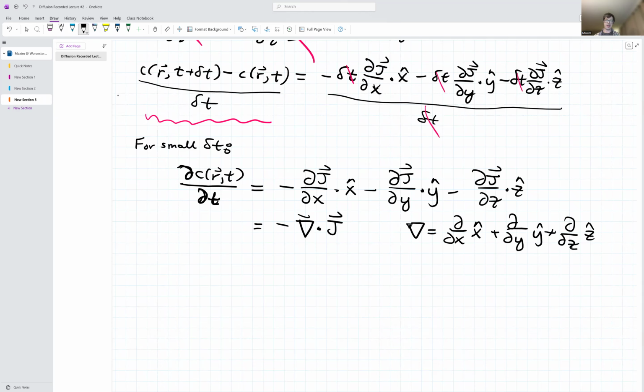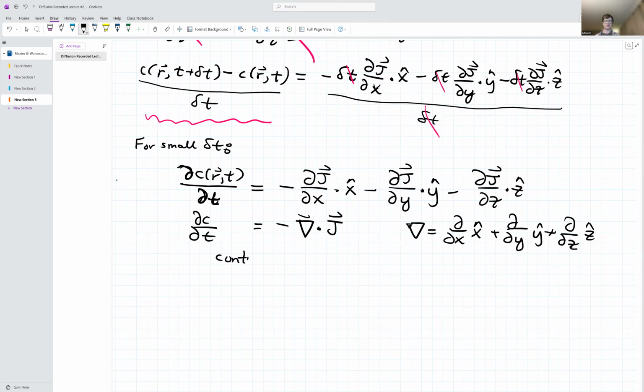So it's just a notation that makes things a little bit compact. And this is Fick's second law, sort of. At this point, it's just what's called a continuity equation. And it describes conservation of particles. It's true for any kind of flux. It doesn't have to be a diffusive flux. This just expresses the fact that particles are neither created nor destroyed, so the only way they move in and out of a box is via a flux. It's called the conservation equation, or a continuity equation.